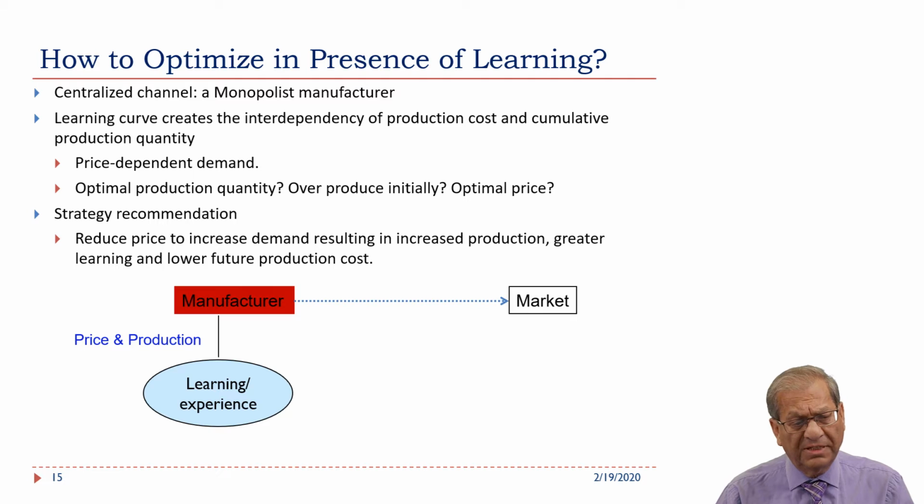We will assume that demand is price dependent, and we will have the manufacturer decide the optimal production quantity in period 1 and period 2. Because of the learning curve, the manufacturer might reduce price in the first period to increase demand. Increasing demand means increasing production, and increasing production means learning in production cost, and that would lower the future production cost.